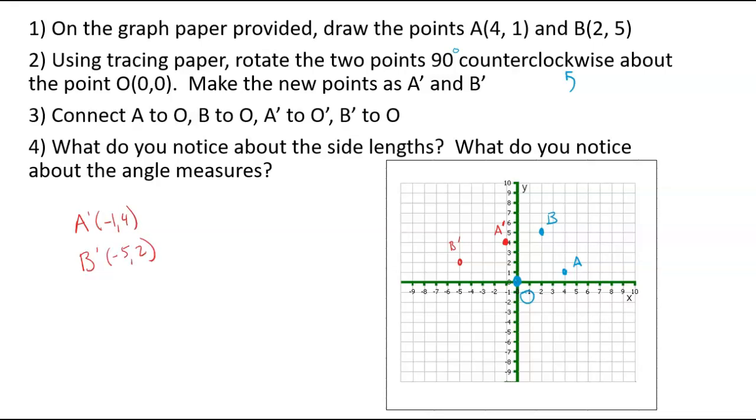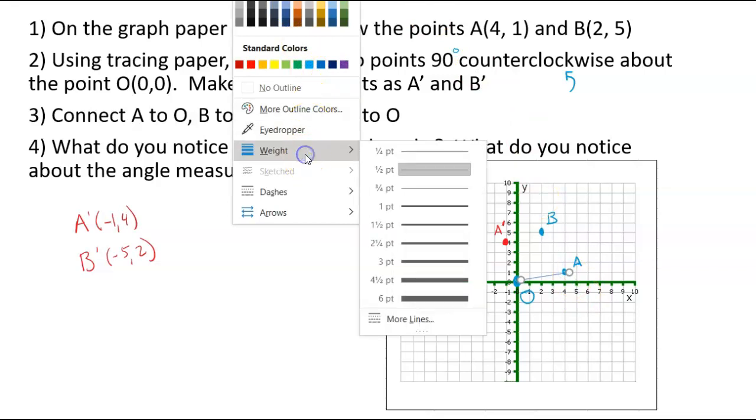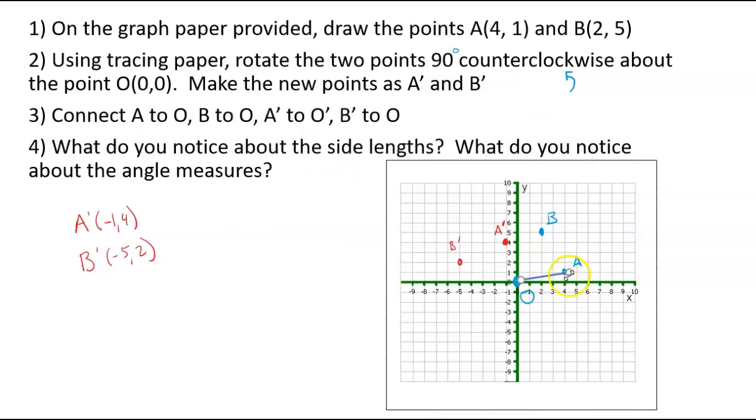So I made two points. I want to connect my A to my O, my B to my O, and everything. So I'm going to draw some line segments and make them a little bit thicker, to the best of my ability, and draw another one.